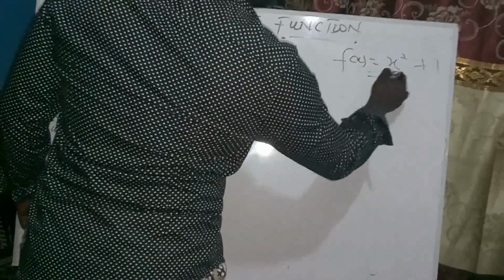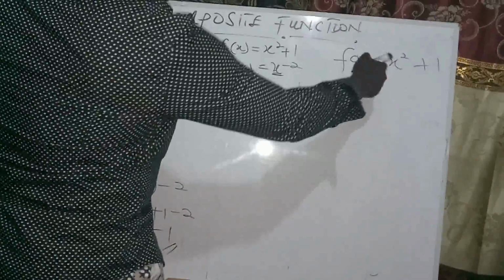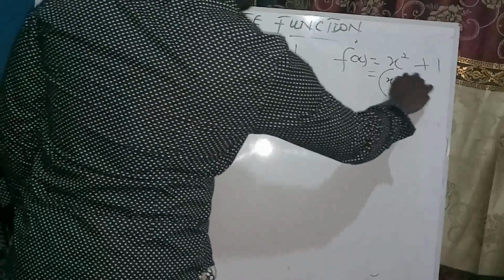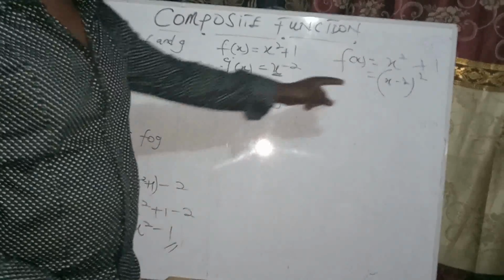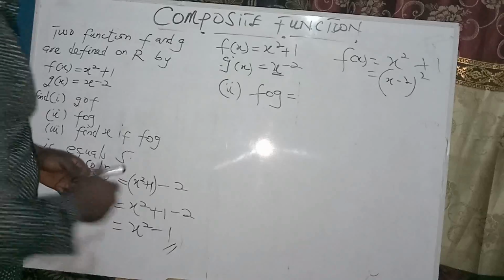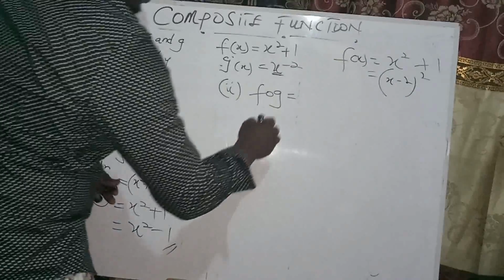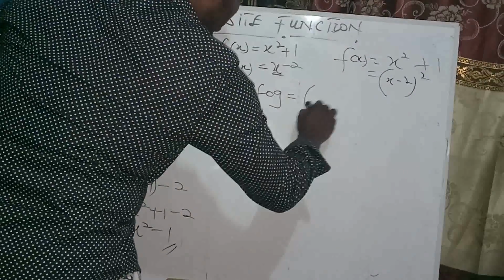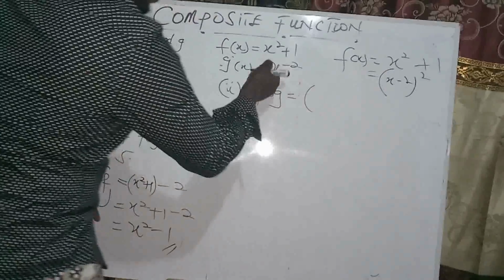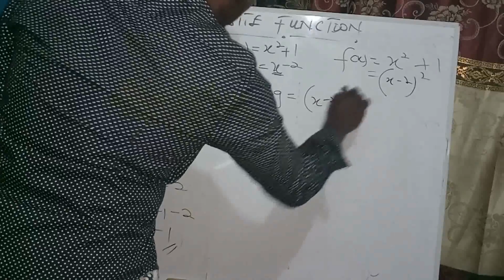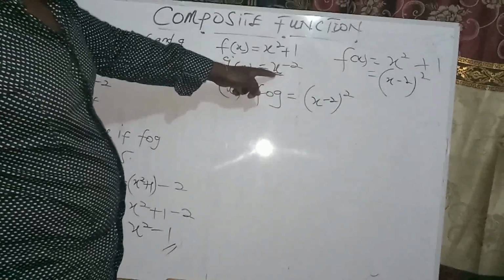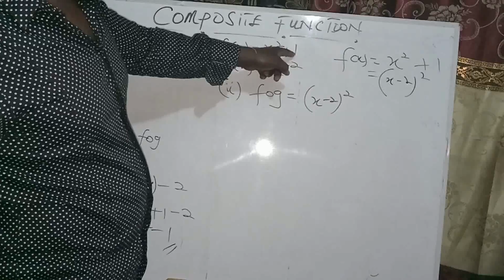So if it is f of g, this x squared here will change to become x minus 2 squared, because we are putting g into f. So f of g is equal to x minus 2 squared, then we continue with what follows, plus 1.